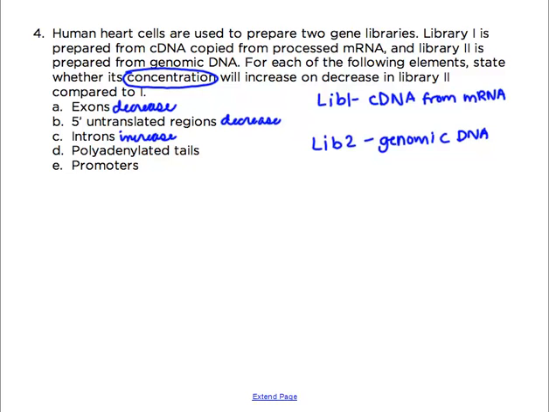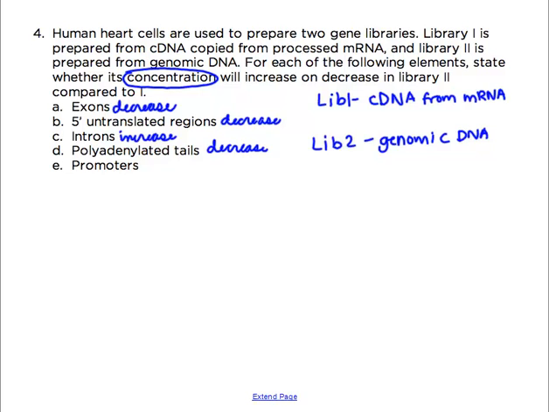What about polyadenylated tails? Remember that the poly A tail is added to RNA through the maturation process to mature mRNA. And so therefore, when you're going from mRNA to genomic, this concentration is going to decrease just like exons and the 5' UTRs. And what about promoters?